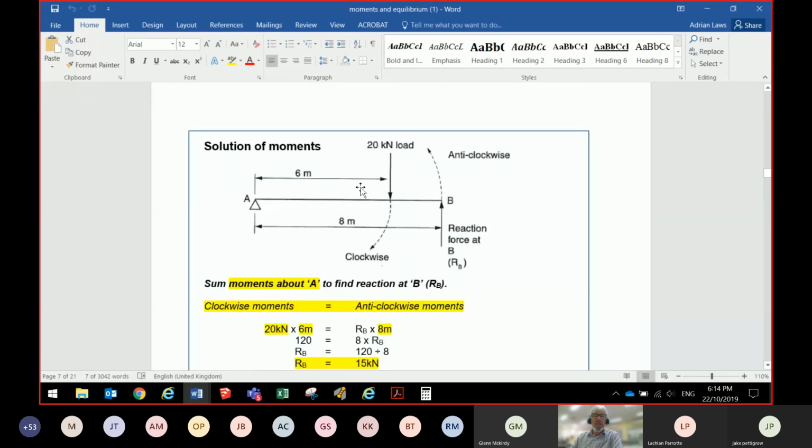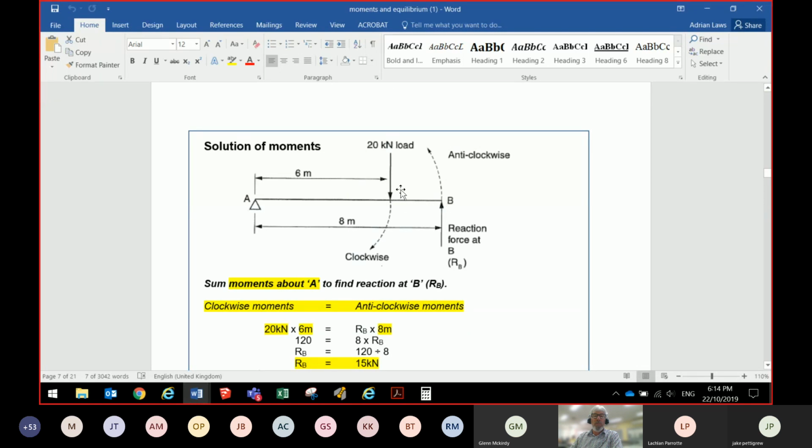So there's our case. I've drawn up a little diagram like that. That's the very first thing you have to do, is draw a diagram. It doesn't have to be to scale or anything, but just sketch a diagram of what's happening. And you can see in this case that 6 meters in from the left, we've got a 20 kilonewton load.